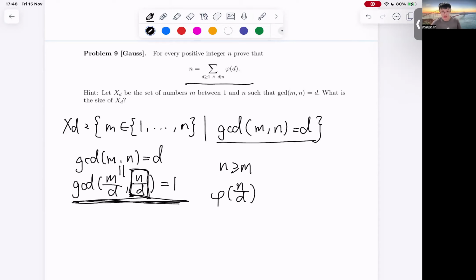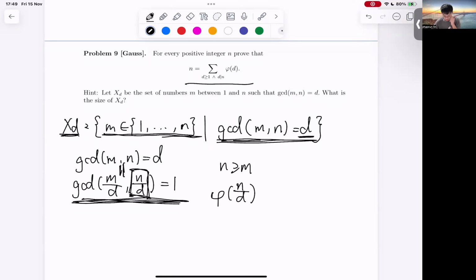So it's also the Euler totient function. So it's given by this. And X_d is counting all of the elements in this set that have this relation. And we just proved that this relation is just this relation. And we have X_d is the set of all of the numbers between 1 and n that have the greatest common divisor with n equal to d.